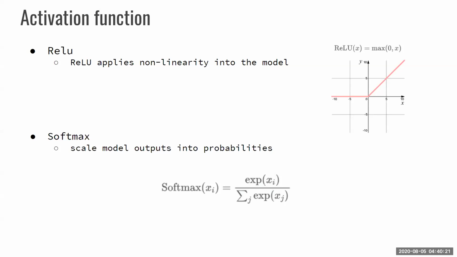There are some other activation functions like sigmoid and tanh, which are also non-linear, but ReLU has proved that most times it works better than tanh and sigmoid, so it's almost always used with CNNs. The softmax makes sure that it outputs a probability for each class, and all these probabilities sum to one.